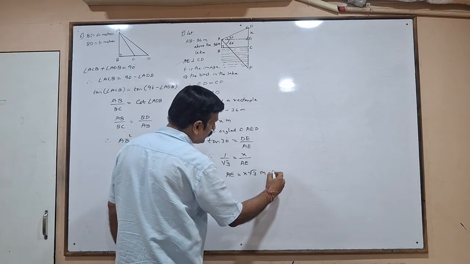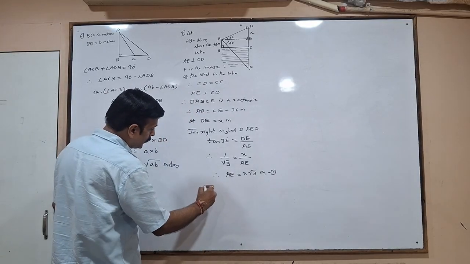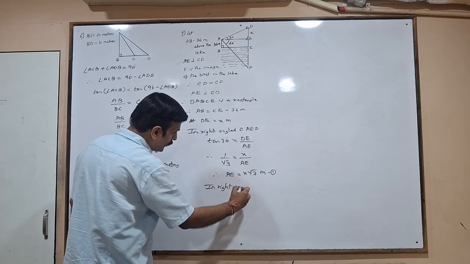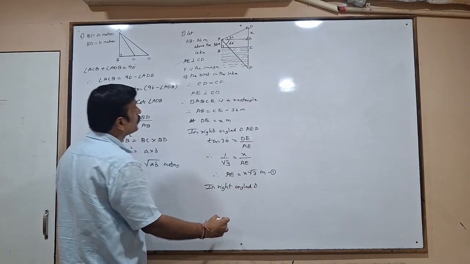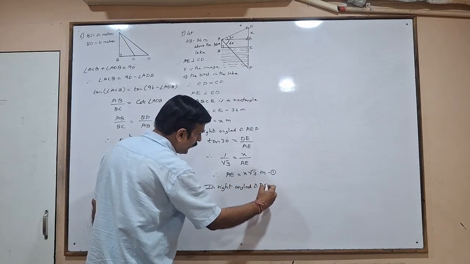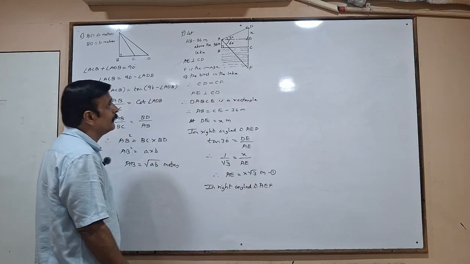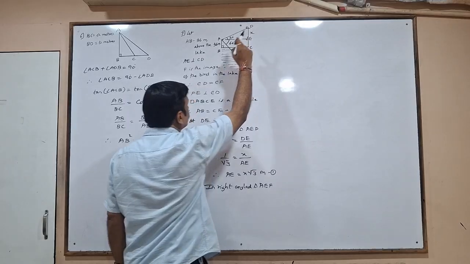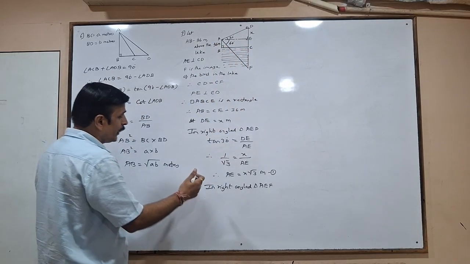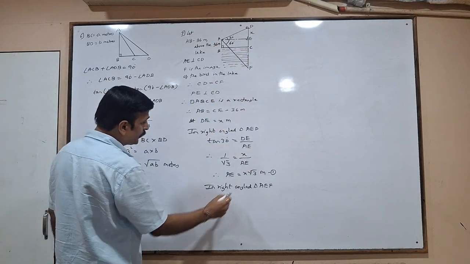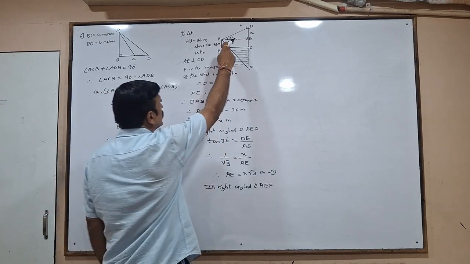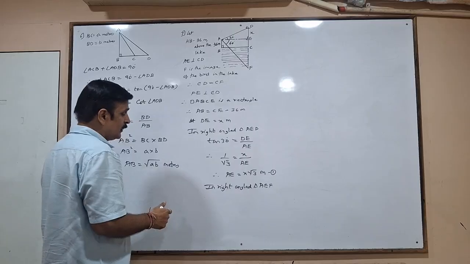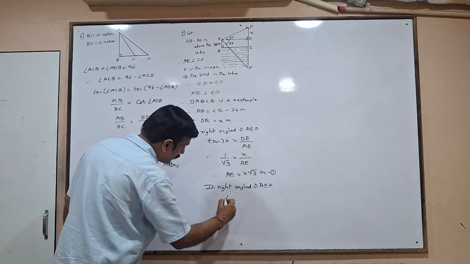We got AE. Now the next triangle, in right angle triangle AEF, because DE is X, okay, AEF will go and then we can substitute X. Firstly 60, A is the base, EF is the perpendicular.